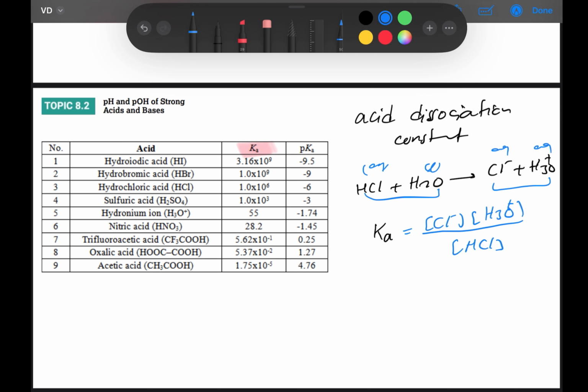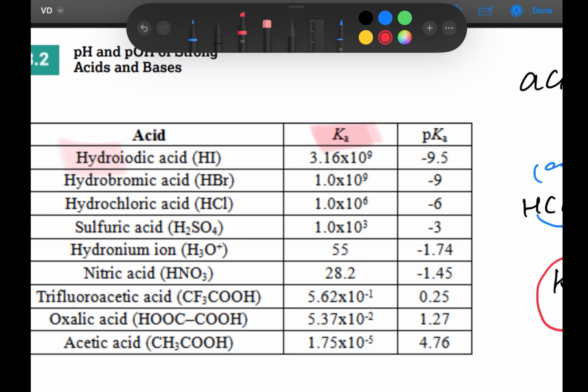And you can see what the relationship is between the value of Ka and the strength of the acid. For example, if you look at the table here, you can see that we have hydroiodic acid. It has a value of Ka which is 3.16 times 10 to the power 9. And you can see this value is very huge. This is very big.